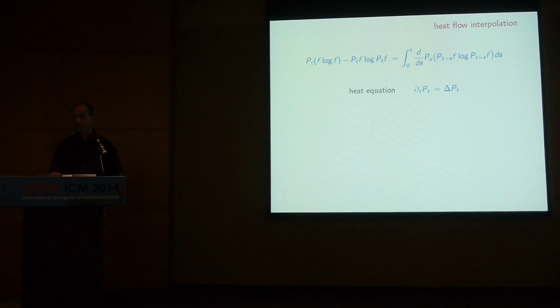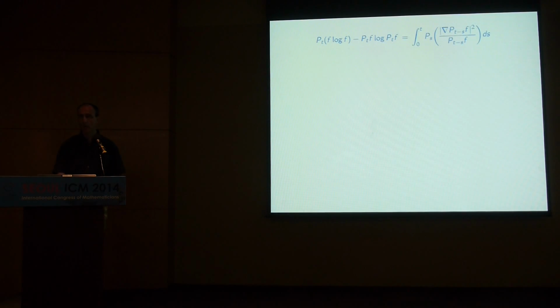You use the heat equation and a little bit of calculus, namely the chain rule both in time and space, to obtain that this derivative is given by a kind of Fisher information along the semigroup. As a result, you get this integral representation of the entropy along the semigroup, which is the basic interpolation step.